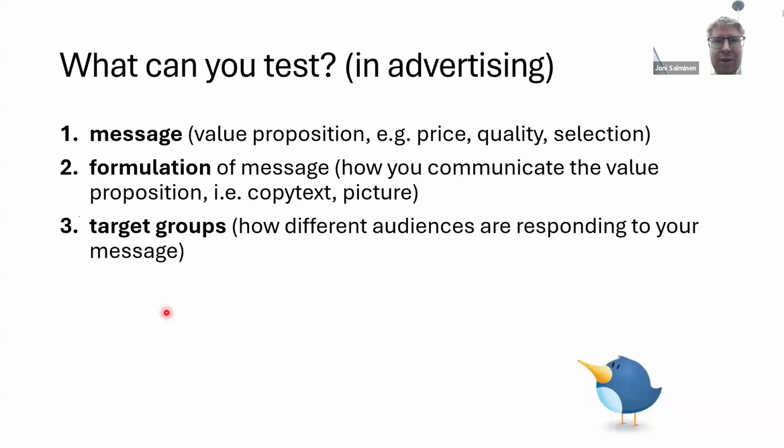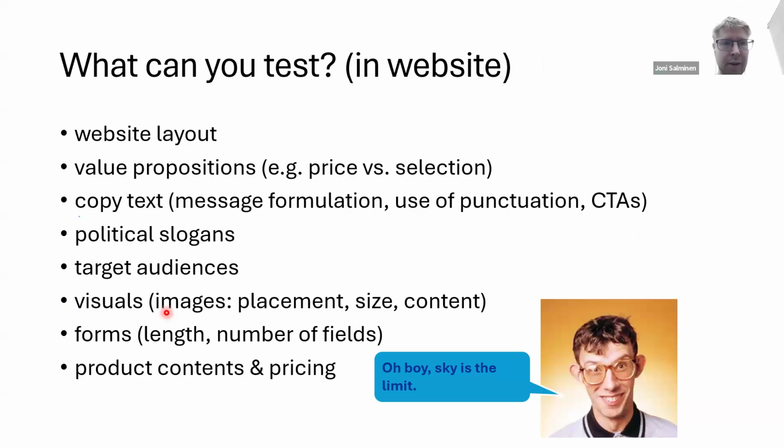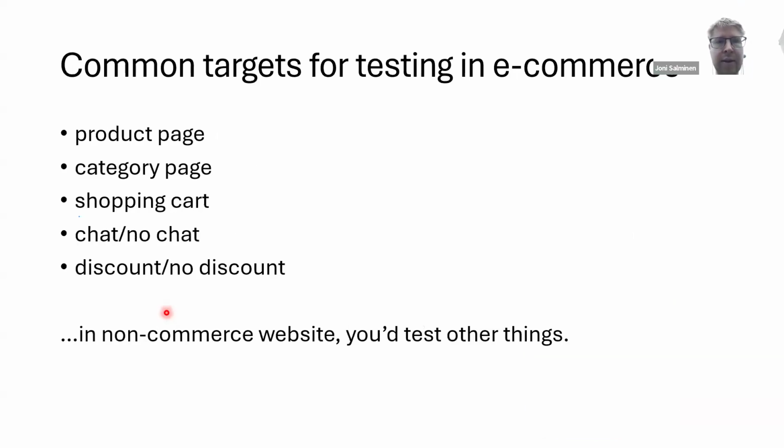and some things you can test in advertising are here. Some things you can test in the website are here. And in e-commerce, we often focus our tests around the basic elements of the website, which are the product page.